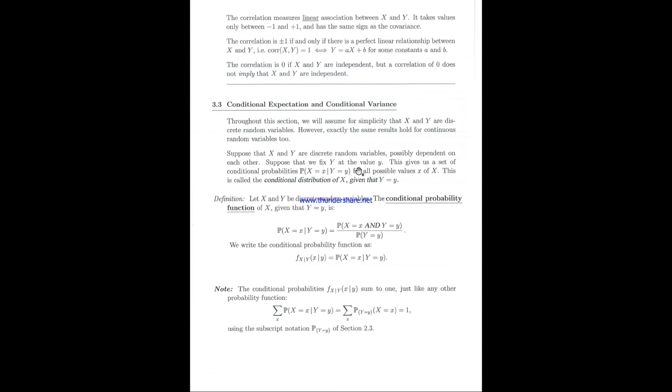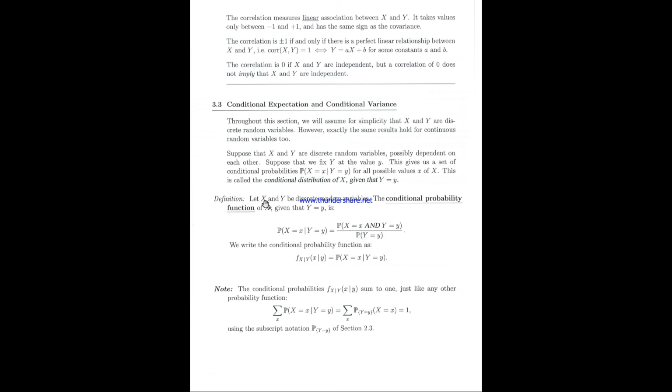Since we are calculating the probability based on this condition, this is the conditional distribution of X given that random variable Y is equal to small y.